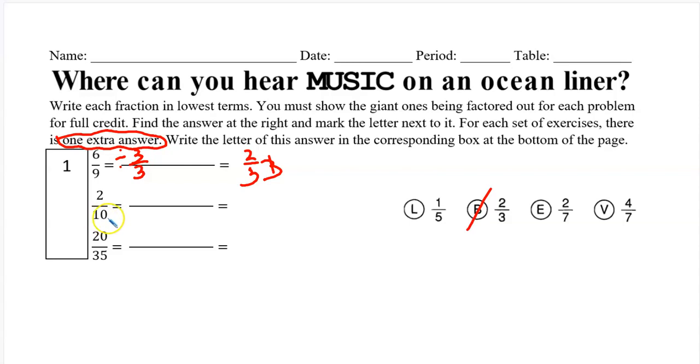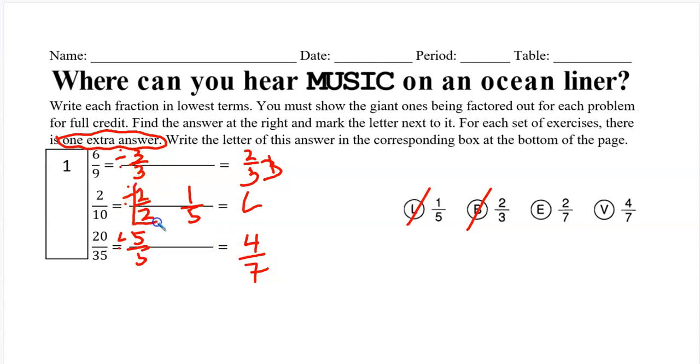Okay, so now let's look at 2/10. The greatest common factor is 2. So when I divide by 2 over 2, I get 1/5. There it is. L, I'm going to cross that one off. When I divide 20 and 35 by the greatest common factor of 5 over 5, I get 4 over 7.